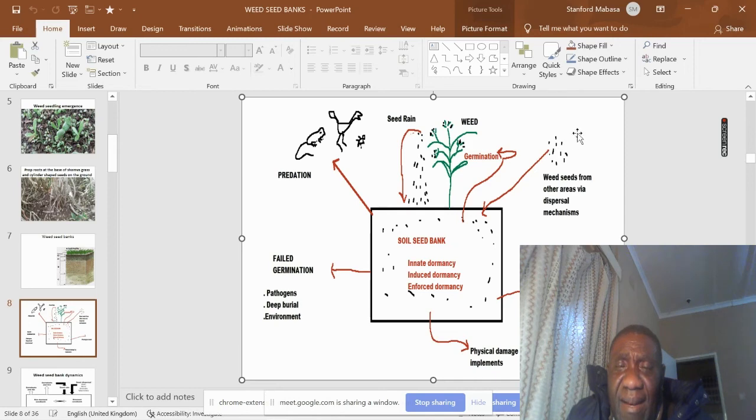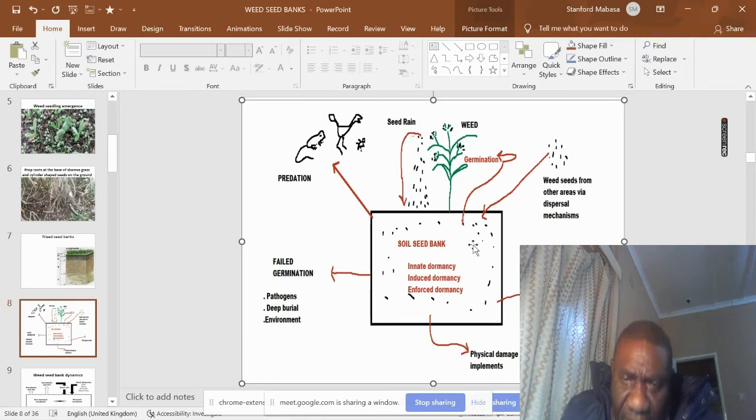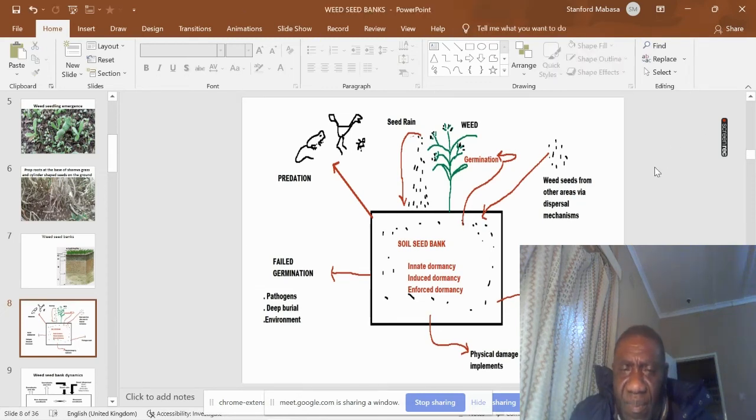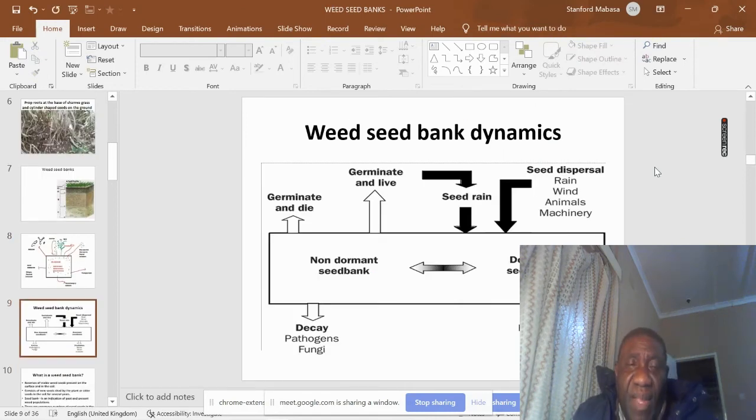The other route is that of weed seeds from dispersal, and we have been discussing dispersal of weed seeds. So weeds can be dispersed and come into the seed bank. This is exactly what we want to talk about. Probably this is a clear model of weed seed dynamics.